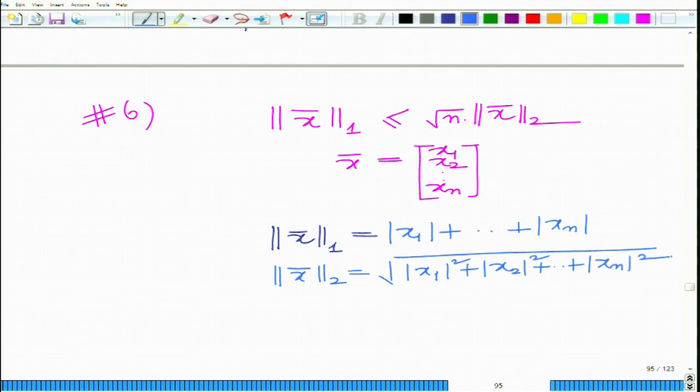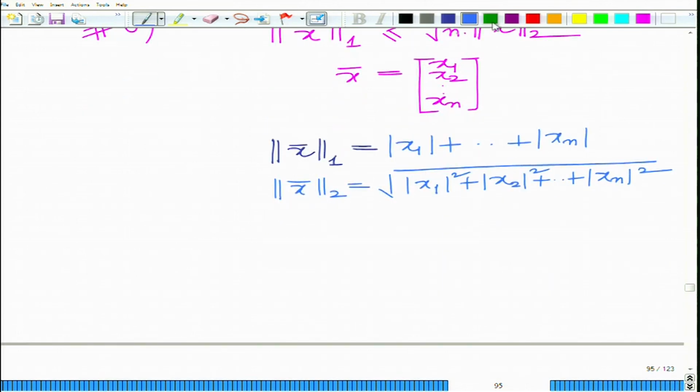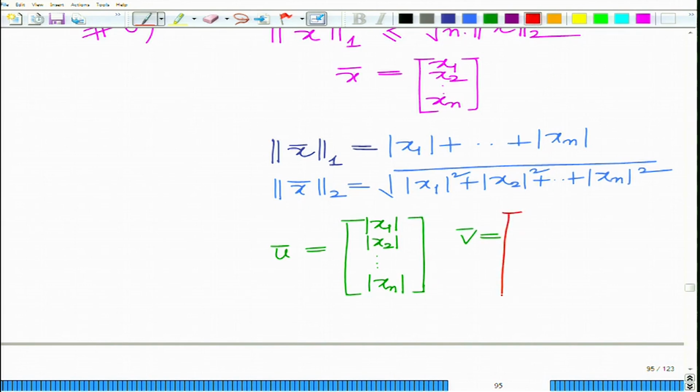Now, to show the property above, we will construct two different vectors. u bar has n components: magnitude x1, magnitude x2, and so on up to magnitude xn, and v bar is the n dimensional vector of all ones.